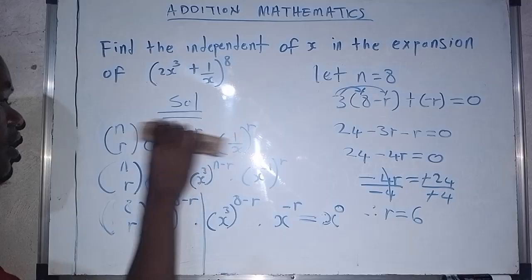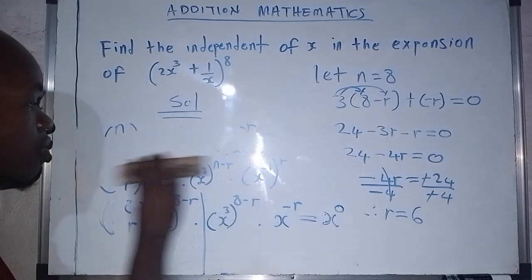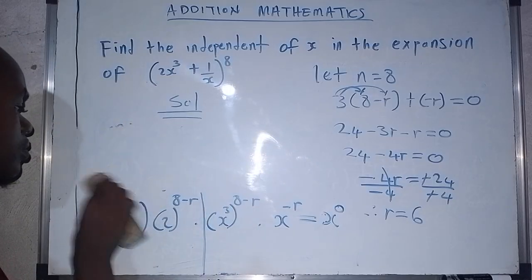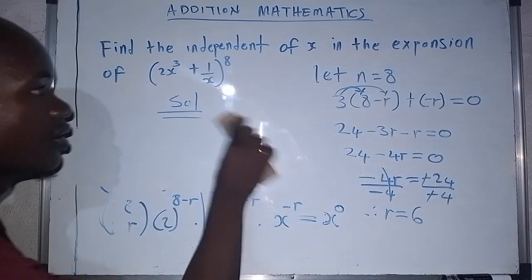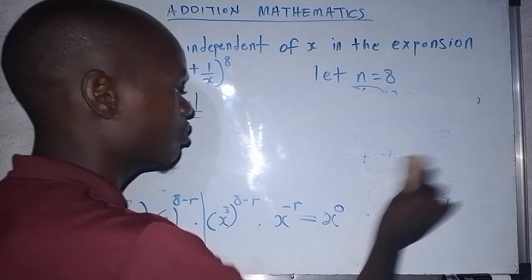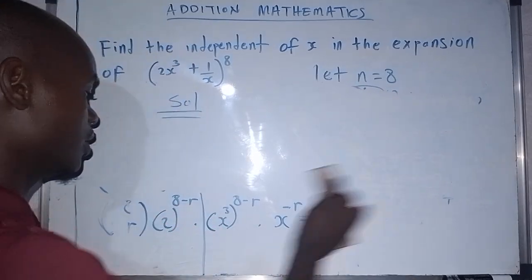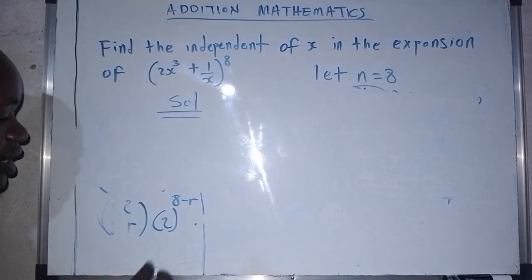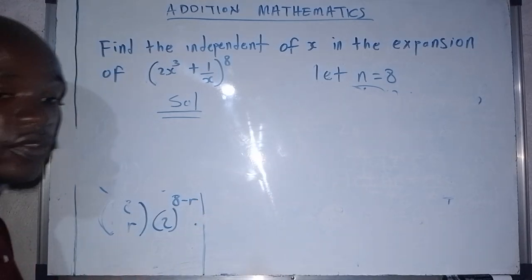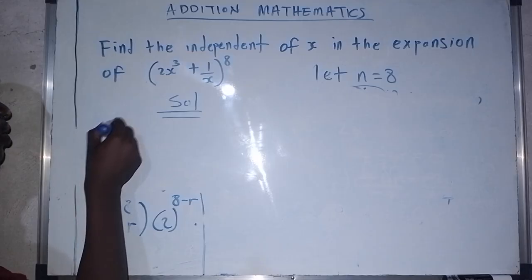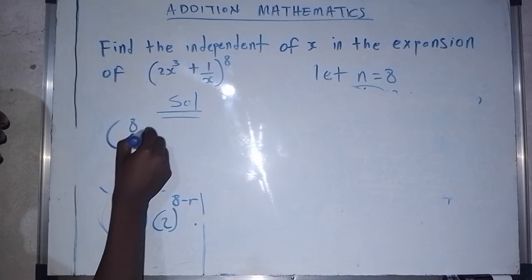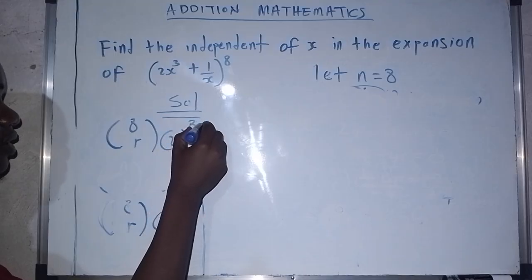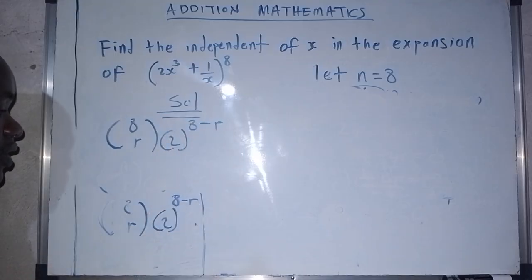So let me erase this part of the board. This remaining term, which is here, is the one we are going to use, of which we have 8 combined r, then times 2 to the power 8 minus r.